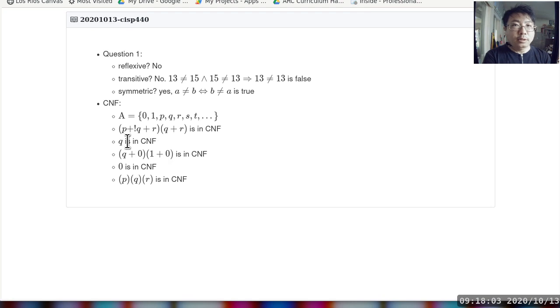But if you compare this expression with this expression here, you will find that they are exactly the same regardless of the value of Q.